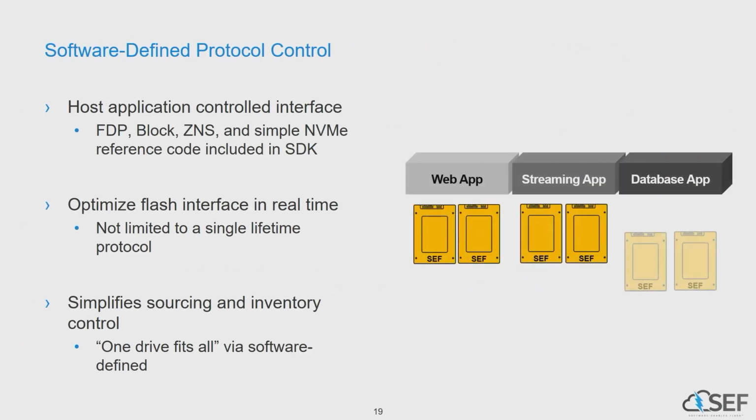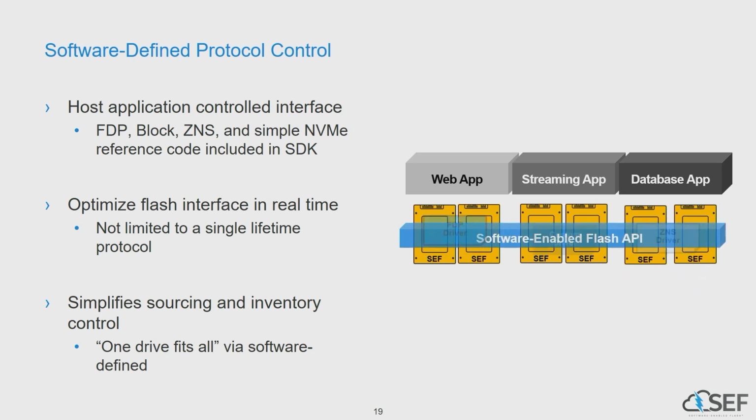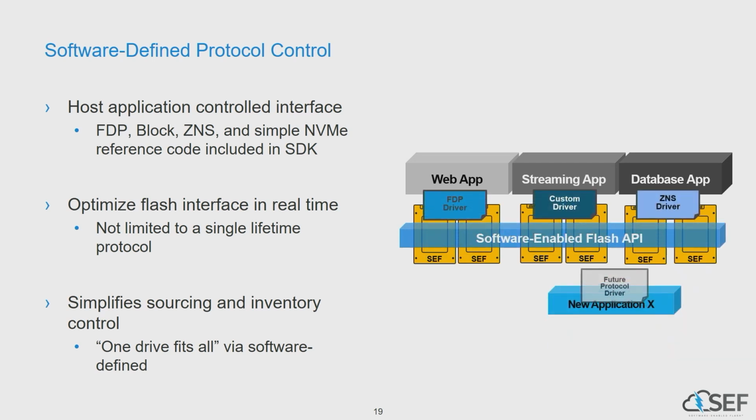The defined protocol. So here is a TCO advantage that you can realize with a software-defined flash approach. You can buy a set of software-enabled flash devices from whichever vendor can get them to you. Using the API, using the command sets, using your own programming skills, you can then go in and say, listen, I'm running different applications.